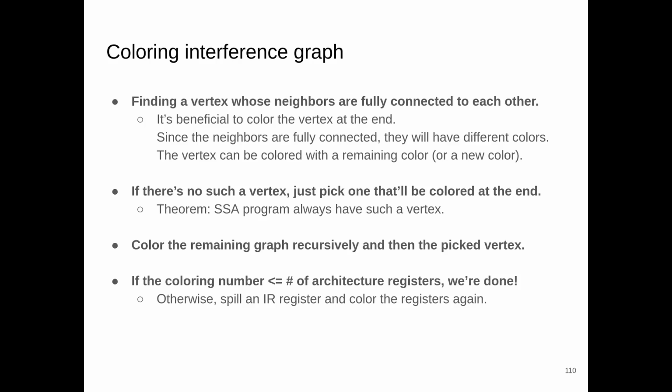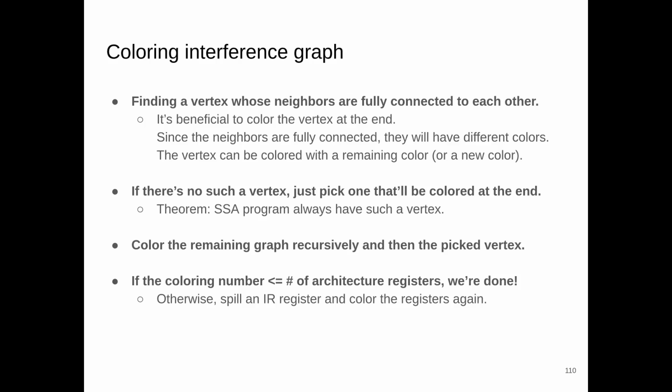neighbors. If there's no such color, then you inevitably need to use a new color, because all the neighbors have different colors and they used up all the remaining colors. So I have to use a new color, and it is unavoidable.